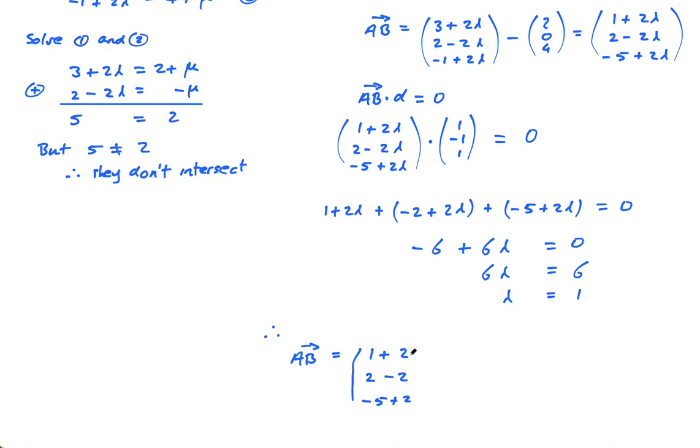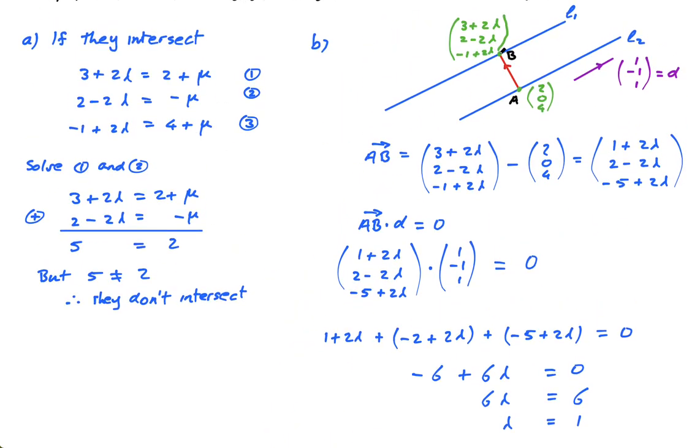Do that again. It's going to be (3, 0, -3). This is AB, so this is this vector.